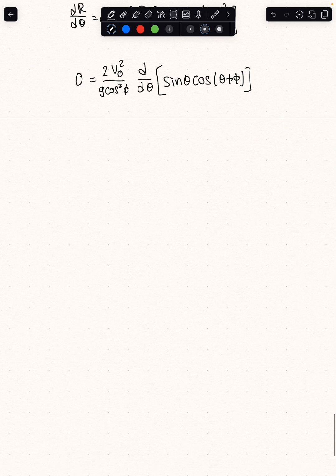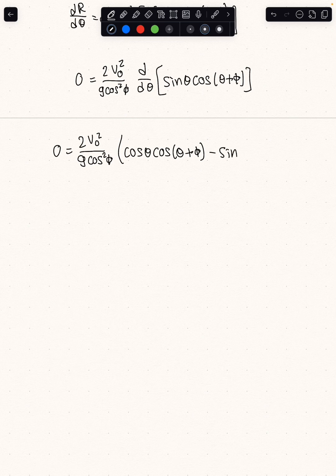And this is going to give 0 equal to 2 v naught squared over g cosine squared phi multiplied by, okay, sine's going to go to cosine theta plus phi, and cosine goes to negative sine theta plus phi.